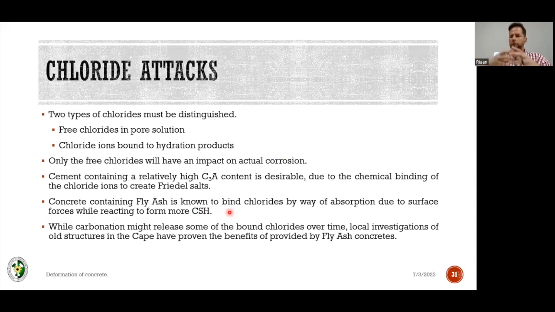So while the fly ash is forming CSH paste that densifies the matrix, the chloride ions that are in solution and around get chemically bound, and physically bound by being absorbed in the process. So they get bound in the perimeter or the outside surface of your concrete. While carbonation might then further release some of the bound chlorides over time, local investigations of old structures in Cape Town have proven the benefits provided by fly ash concretes.